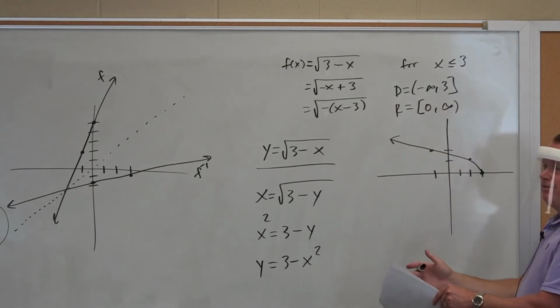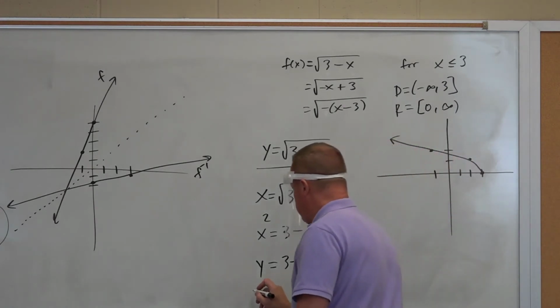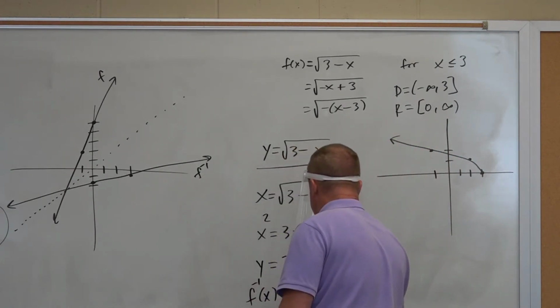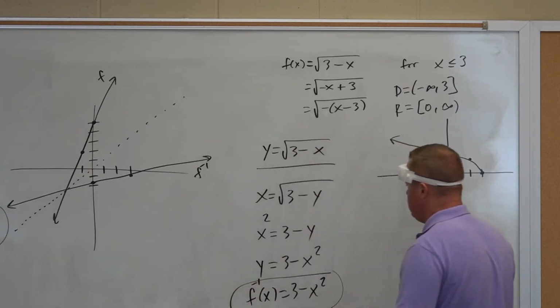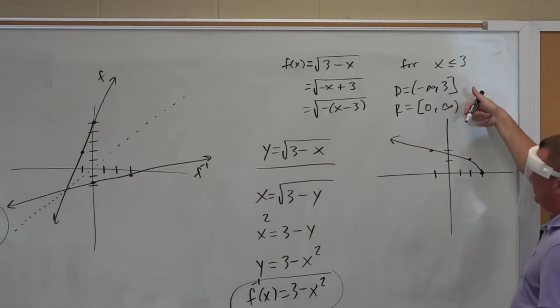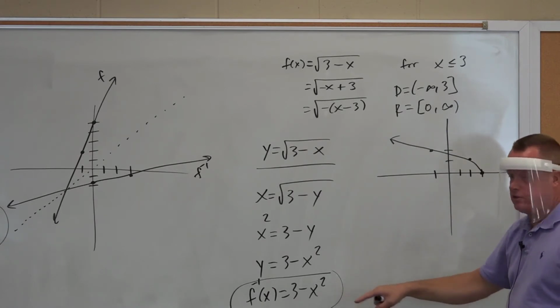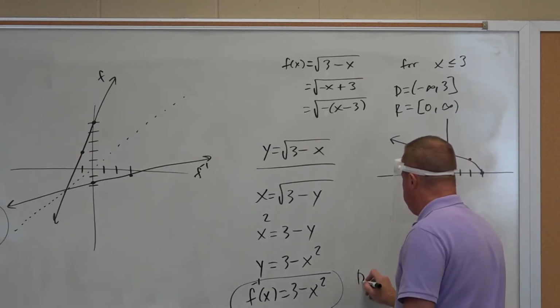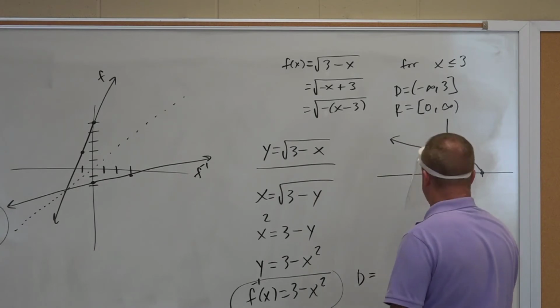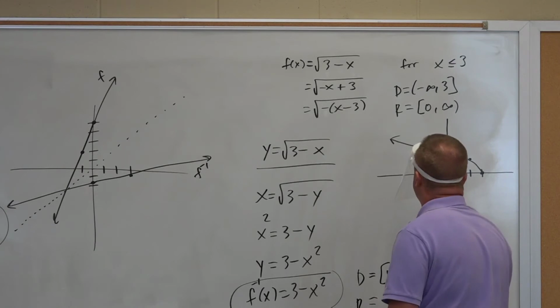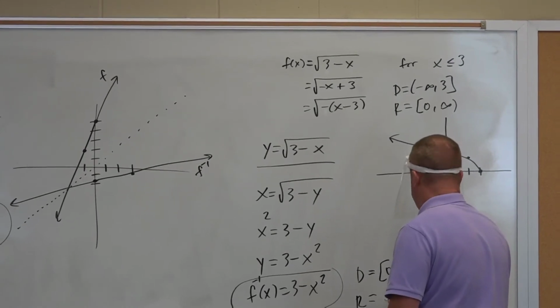So now for the inverse of that, this then will be the inverse. Write it with the notation there. That's the inverse. So then for here, I need to swap these for the inverse. So that means the domain of this one will be from 0 to infinity. And the range should be from negative infinity to 3.